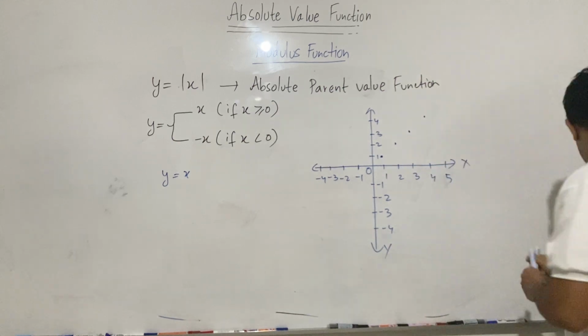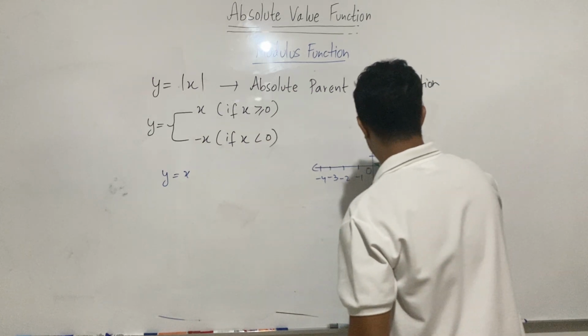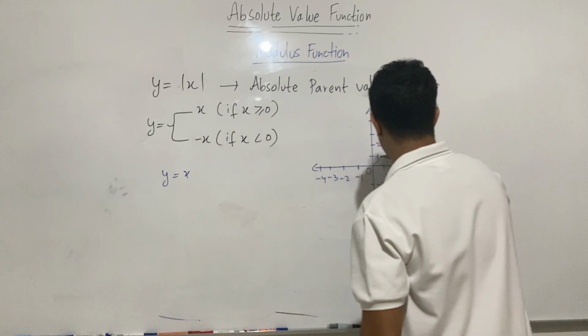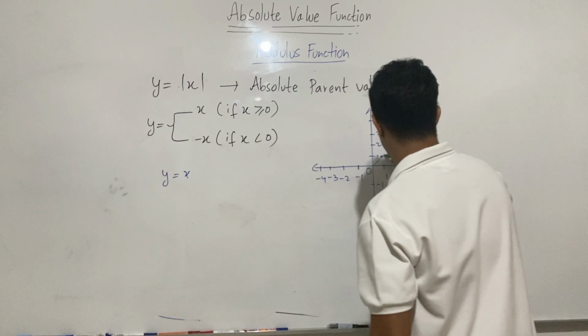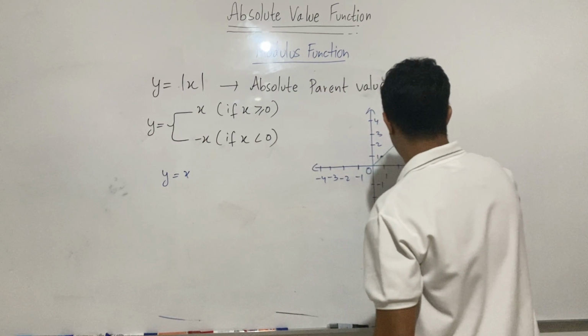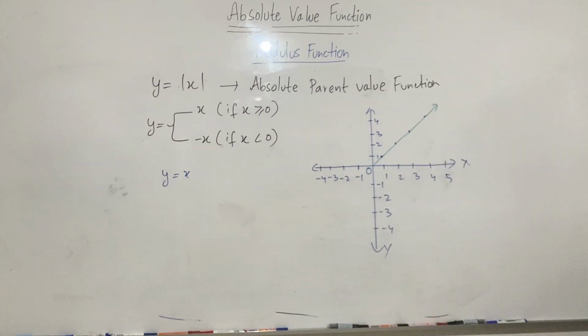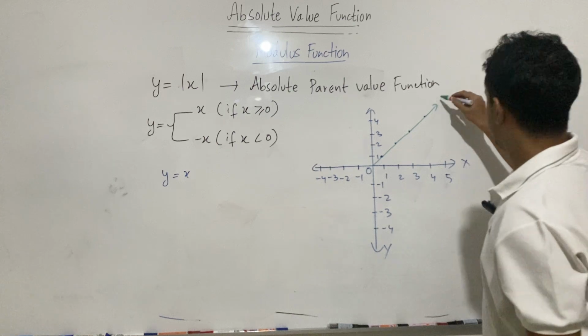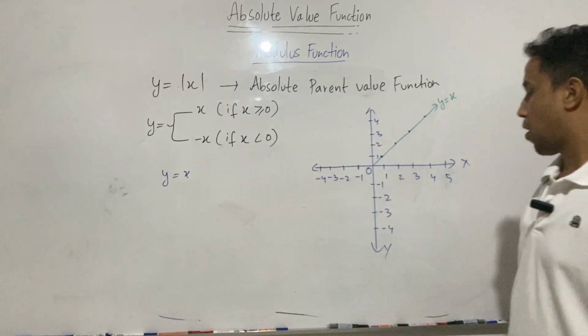So in the end, when you trace the points, you will get something like this. So this is going to be y equal to x, right?